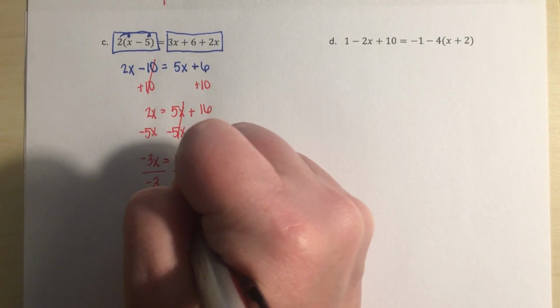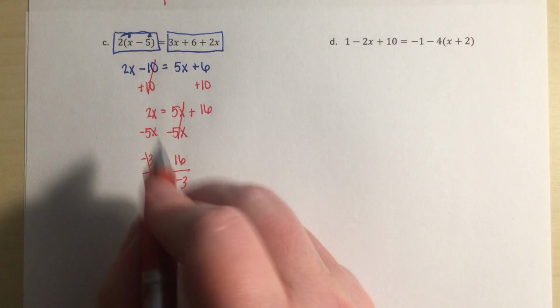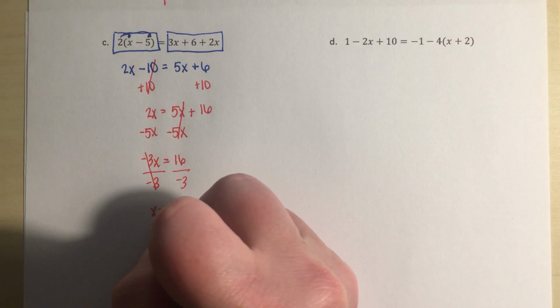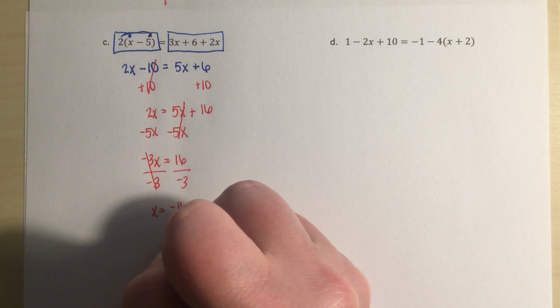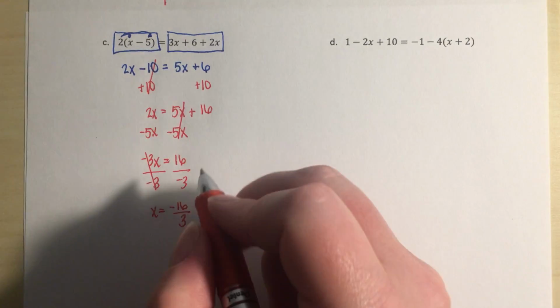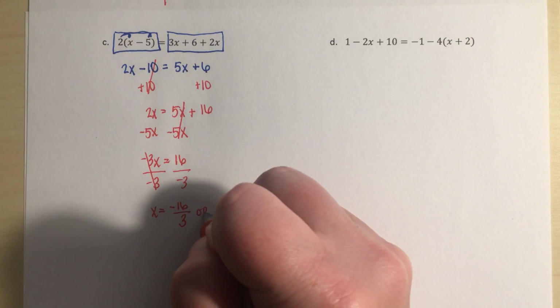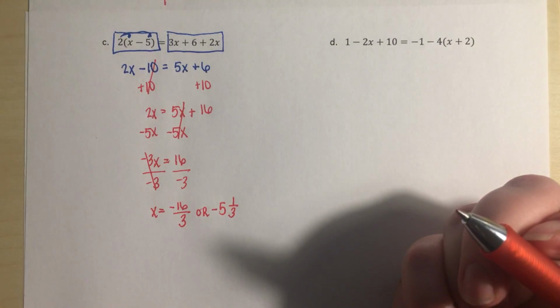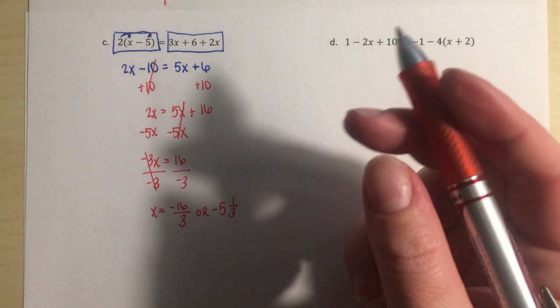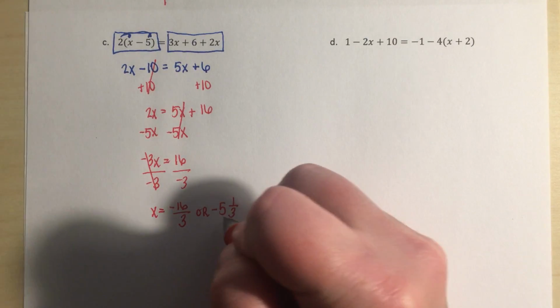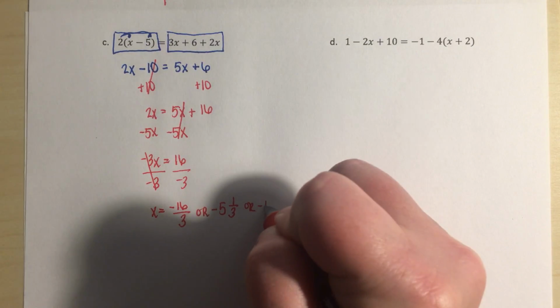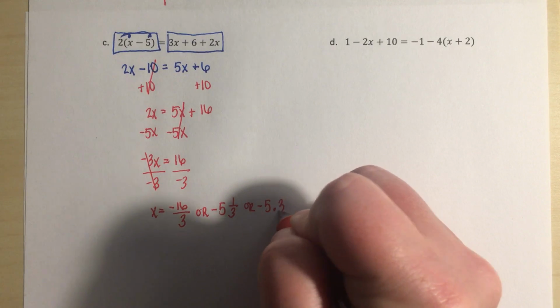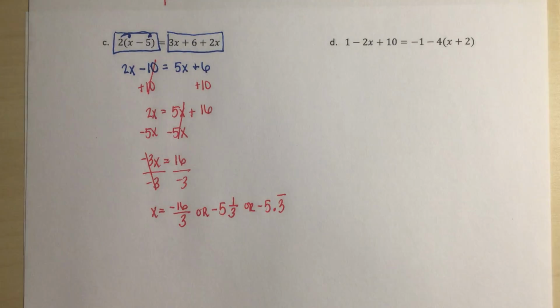Divide by our coefficient of negative 3. x equals, as an improper fraction, negative 16 over 3. As a mixed number, negative 5 and 1/3, because 3 goes into 16 5 times with 1 left over. Or as a decimal, negative 5.3. The 3 keeps repeating, so we can throw a repeating bar over it.